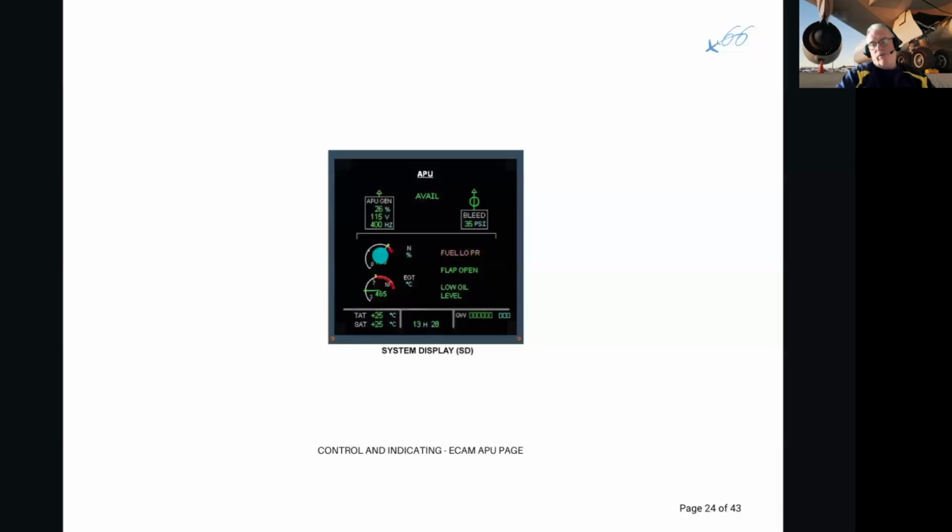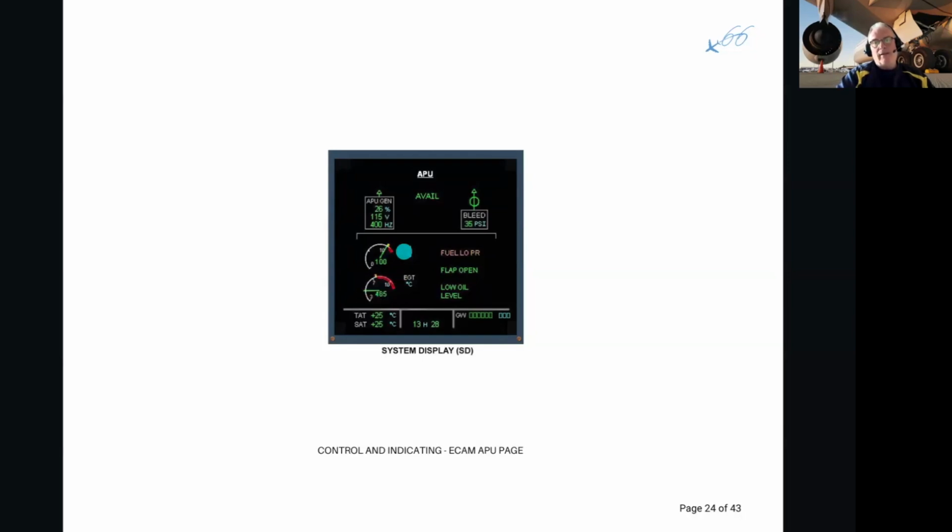It's usually fully operational. The APU will be at 100% rotation, and will usually, depending on the load, be around about 450 degrees.